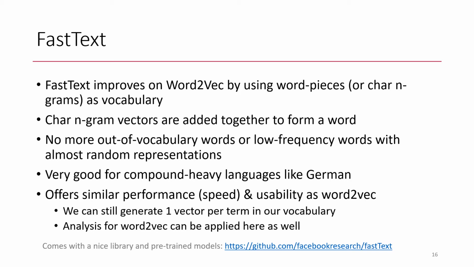So for example, we can take 3-grams, which means we take 3 characters at a time in a window of the word. And with that, we get a single vector for each character n-gram. Those vectors are then added together to form the single word vector, which has the following benefits.